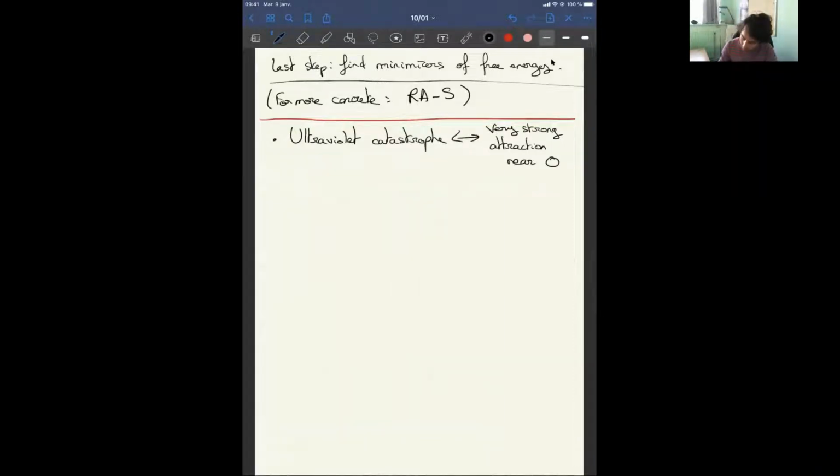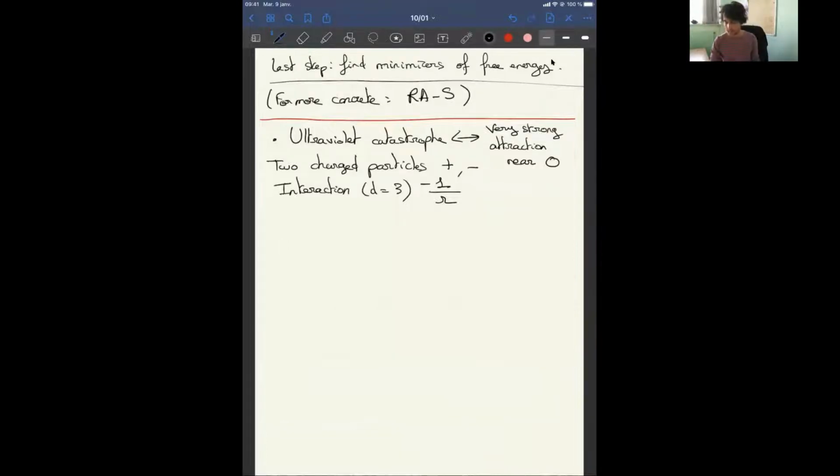So if you think of two charged particles, a plus and a minus, they attract each other, and the interaction in dimension 3 is 1/r. So actually it's minus 1/r.